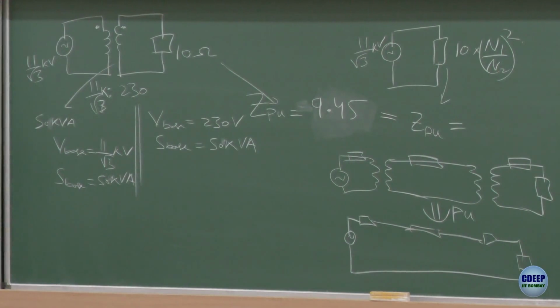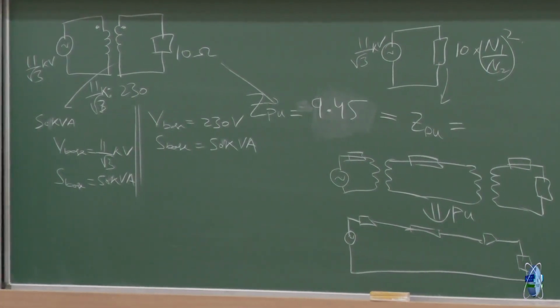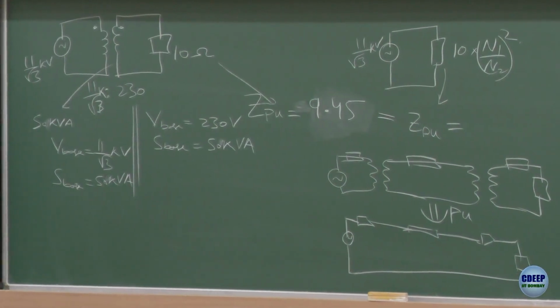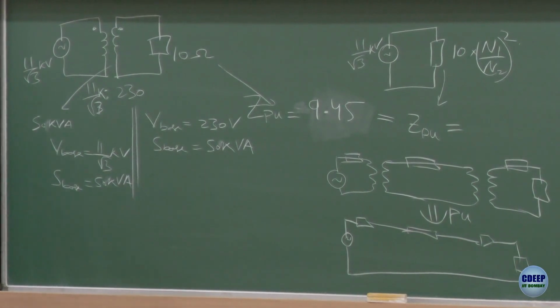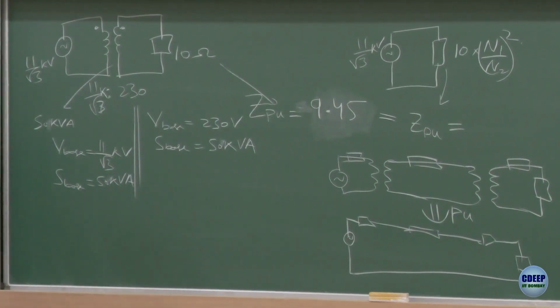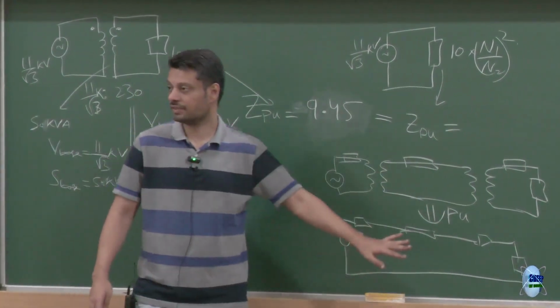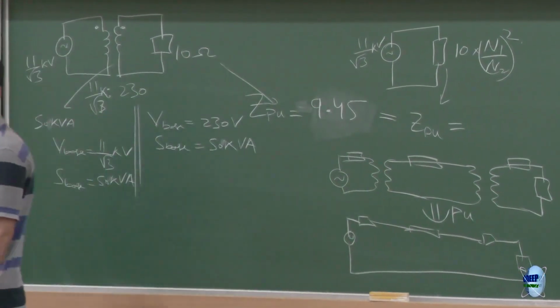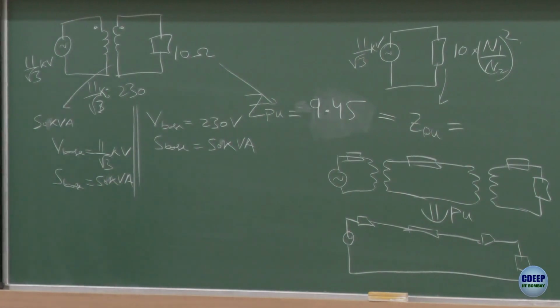So you can draw an equivalent, because voltage is anyway 1 PU on both sides, or if it's 50% it's 0.5 PU on both sides. You can just draw an equivalent circuit like this in per unit instead of drawing the individual transformers. Everything is converted to per unit, then you solve for it and convert back whatever you need.